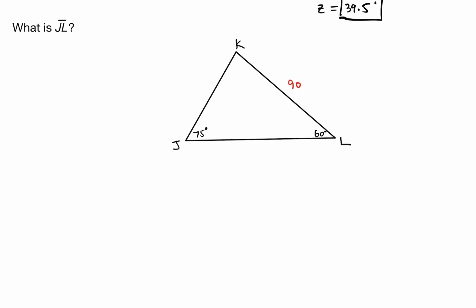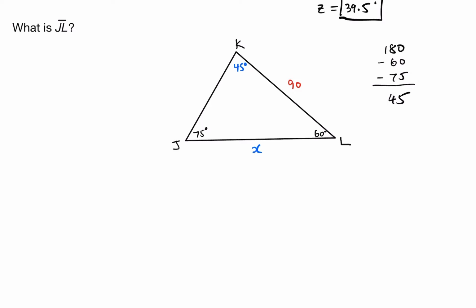That means 180 minus 60 and minus 75 gives us 45 degrees. So now we know that this angle is 45 degrees. Now we can use the law of sines to solve for side JL. We'll call this x.